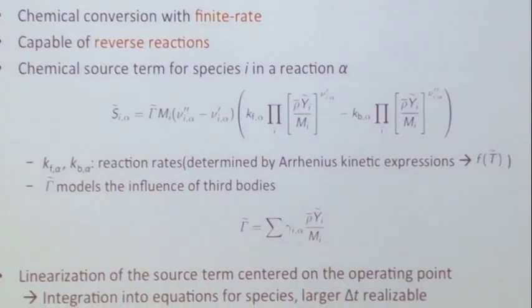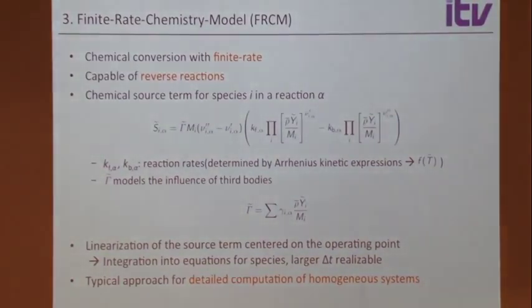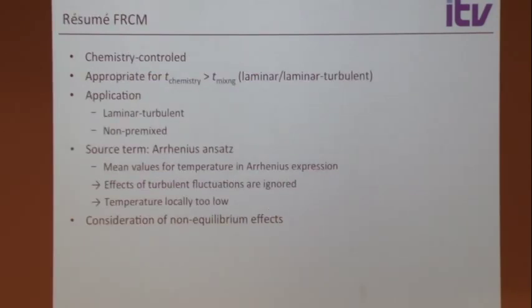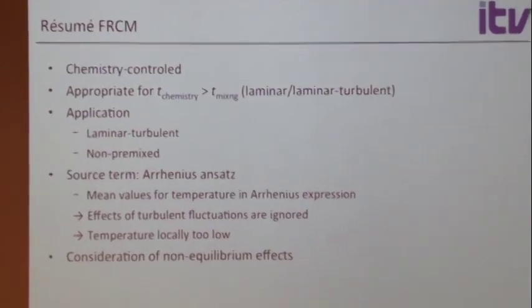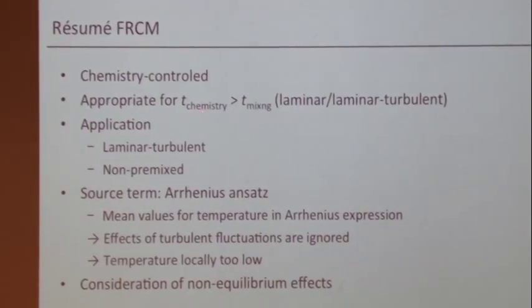So this would be good if you have a totally homogeneous system or laminar, but for a turbulent case, as we just saw, it shouldn't work. So this gives you a solution that's chemistry controlled. It doesn't know very much about mixing. Maybe that could be applicable if the chemical timescale is very, very large compared to the mixing timescale.